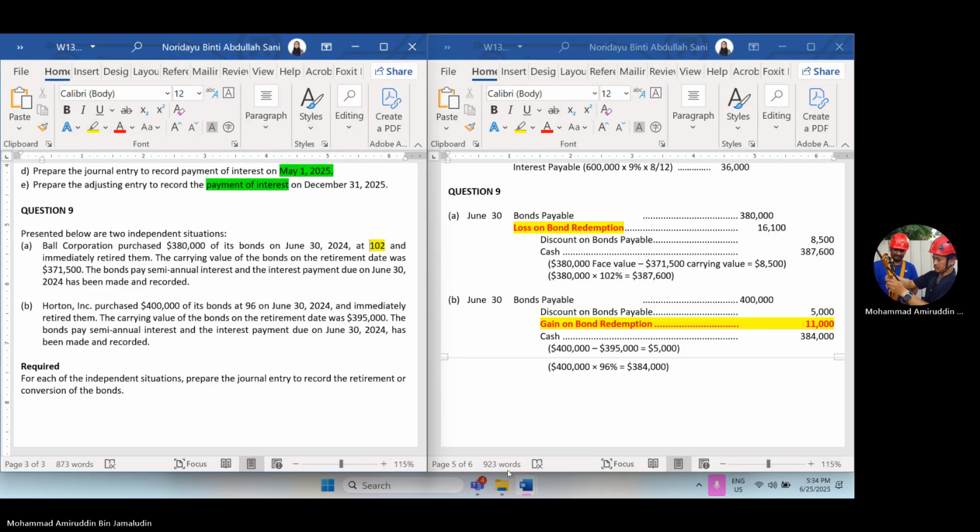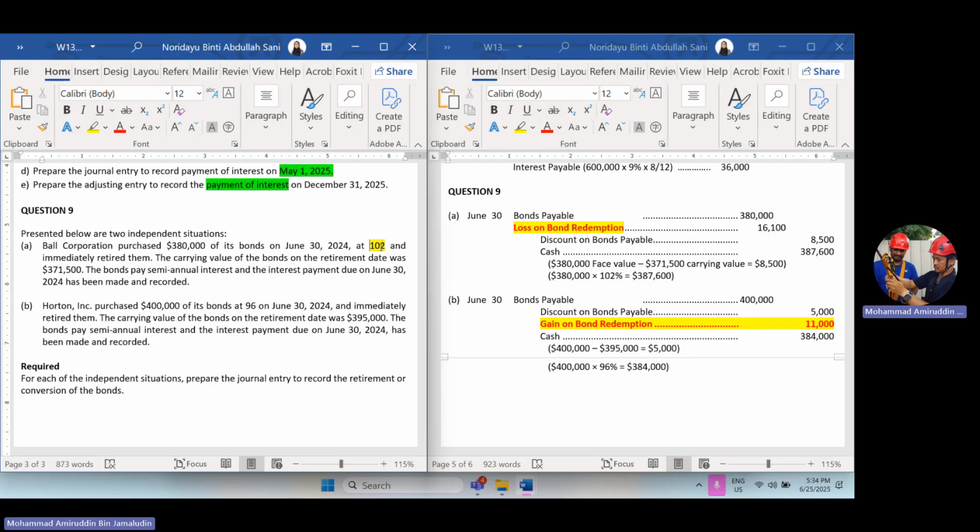You see? At 102 and immediately retired them. Retired meaning you must pay. You have the bond, after that you pay the bonds. What is this at 102? Meaning your bonds has been issued at premium, more than 100%. Actually, that one is 102%.